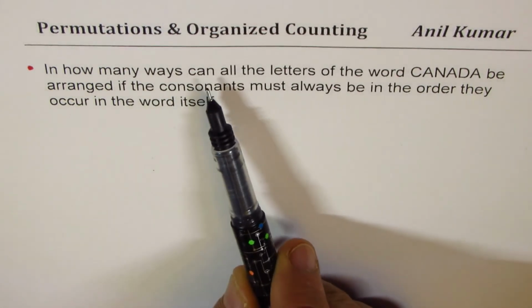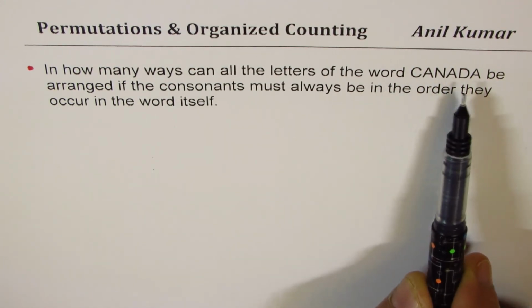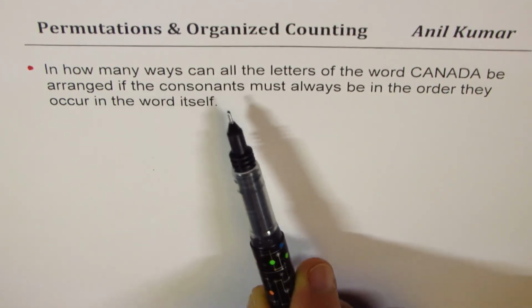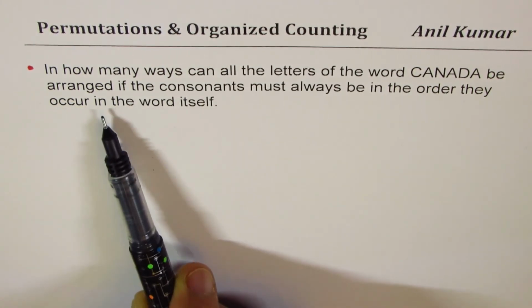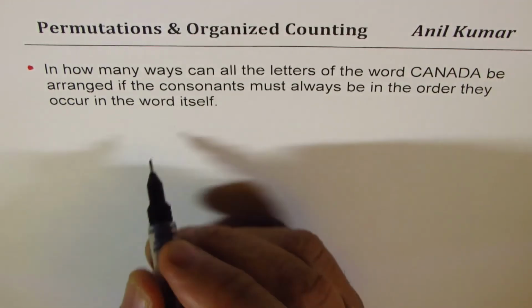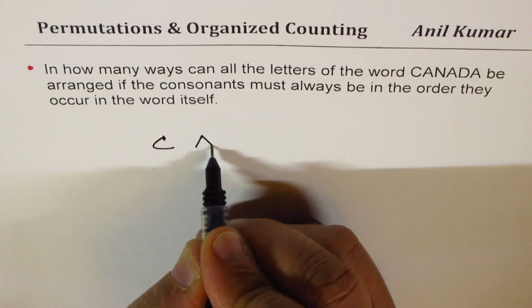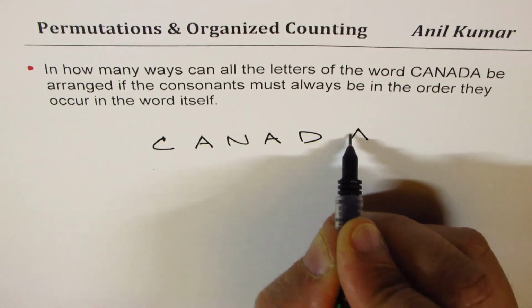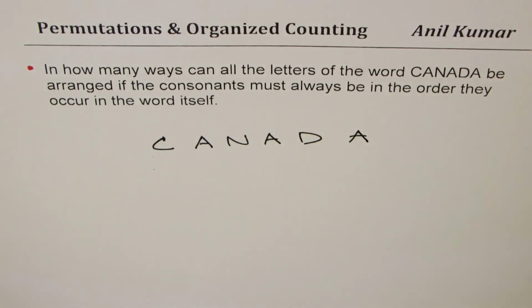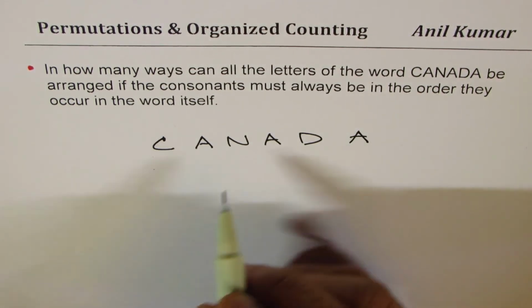In how many ways can all the letters of the word Canada be arranged if consonants must always be in the order they occur in the word itself? So let's rewrite the word Canada. Now in this, we are looking for consonants.